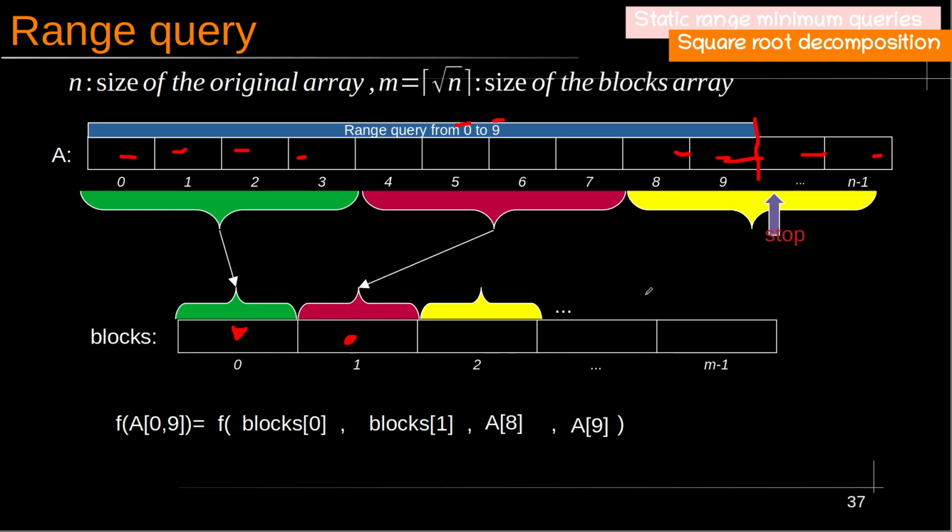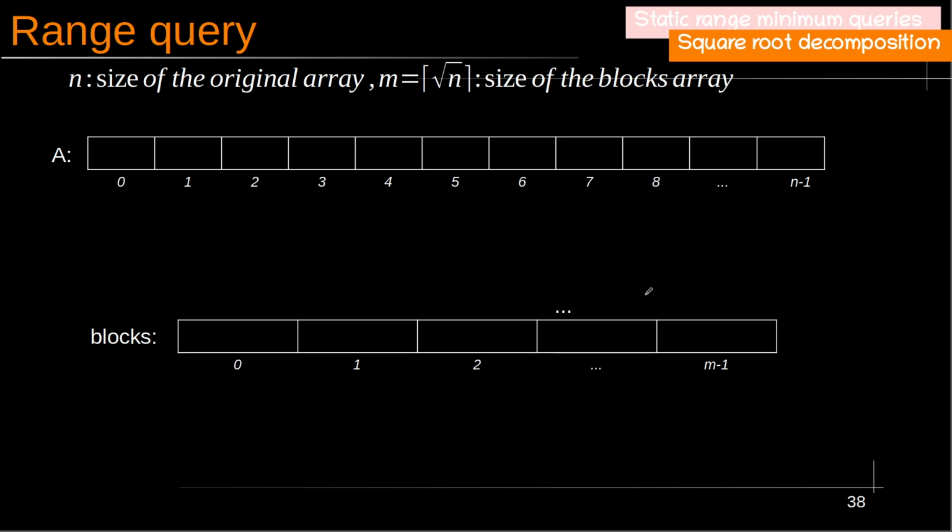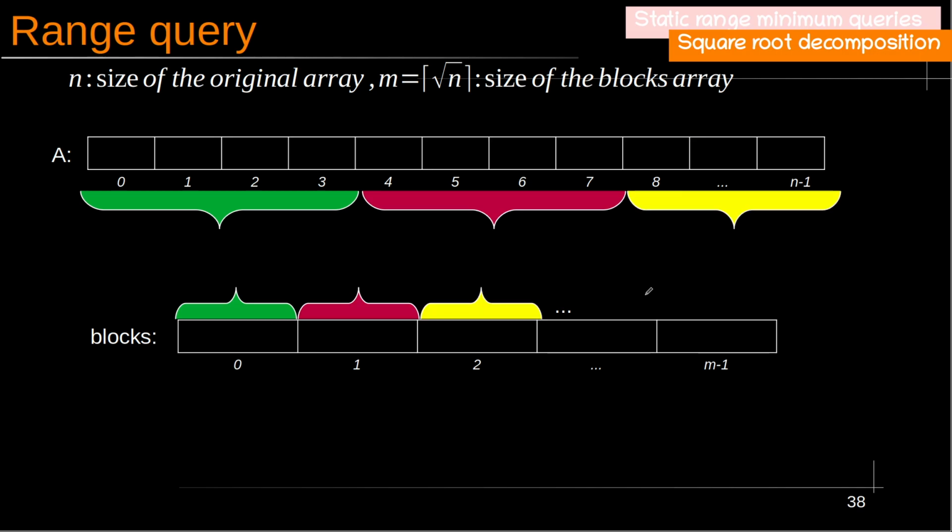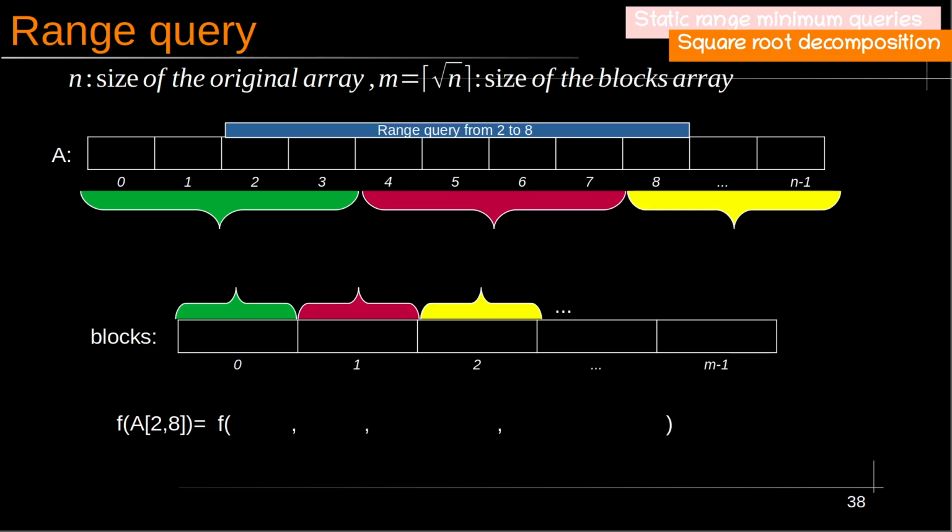Let's take another example here to understand more what's going on. Of course, as usual, we divide the entire original array into blocks, and we want to compute, for example, the range 2 to A. We point the pointer at index 2 on the left boundary, and we ask a question: are we at the beginning of a block?